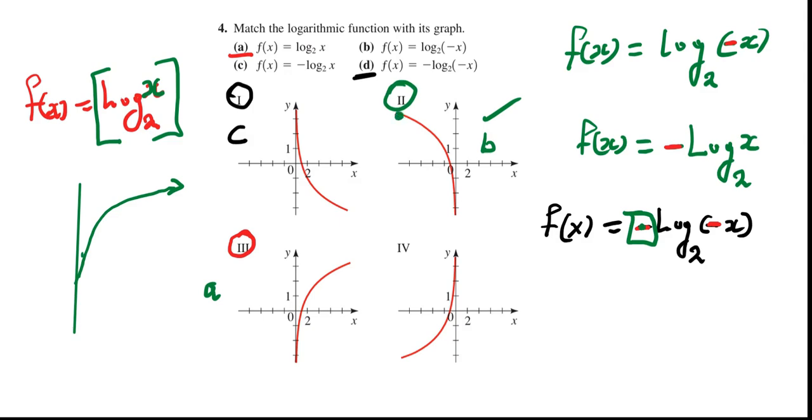So take the point here, take equal measurement across the x-axis over here, and then this point here, take it up, and then you draw your graph like this. Good. So which graph takes this form? Graph number 4. Good. So graph number 4 is the graph of the function f of x equals negative log negative x to base 2. So this is D. I hope this makes some sense.